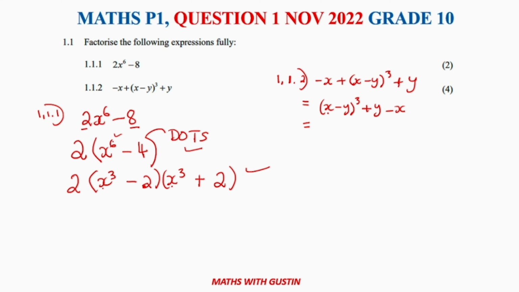I can see here we've got x minus y, and then here it's y minus x. So now we want to make everything become x minus y. What would you do to make this one x minus y? You're going to take out a common factor of negative.